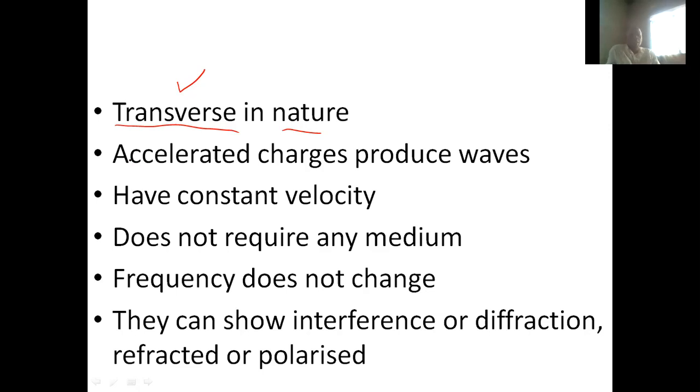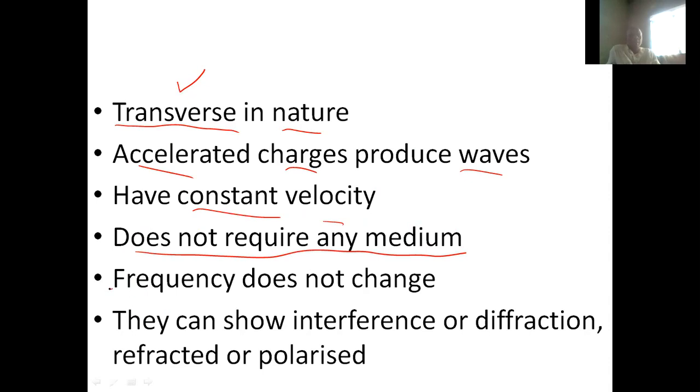The accelerated charges are the ones which produce electromagnetic waves, and they have a constant velocity. In their propagation, electromagnetic waves do not require media. They can even move in a vacuum where there is nothing at all.